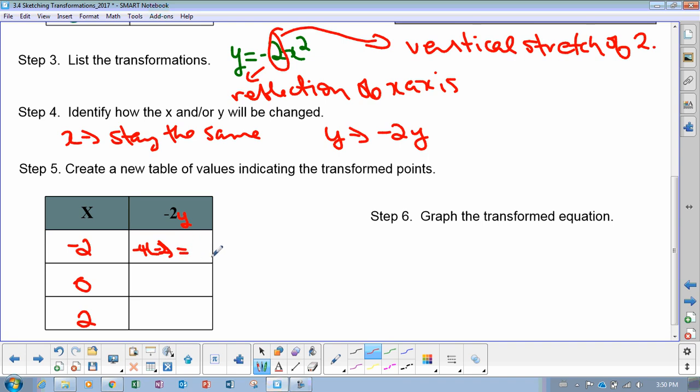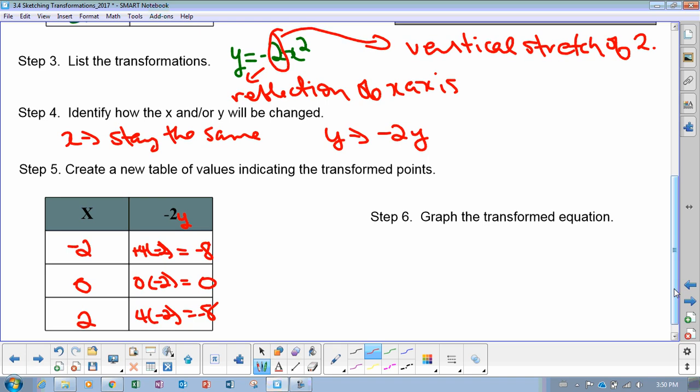So I'm going to multiply by negative 2 to get negative 8. I have 0 multiplied by that negative 2 factor to get 0. And then I have 4 multiplied by negative 2 again to get negative 8. So I'm using my original points and I'm applying the transformation to them.